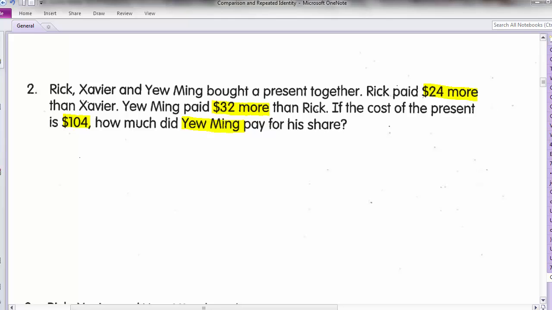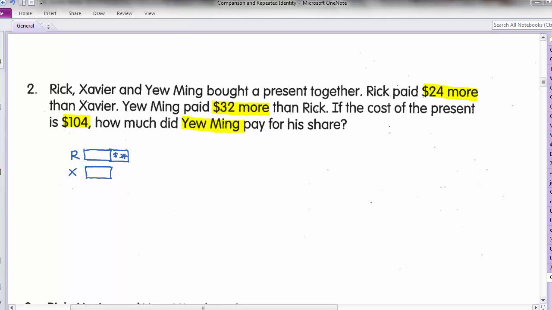So let's first do Rick and Xavier. Rick paid $24 more than Xavier. So whatever Xavier has, Rick also has. If Xavier has 1 unit, Rick also has 1 unit, but he has $24 more. Next, Yumin paid $32 more than Rick.